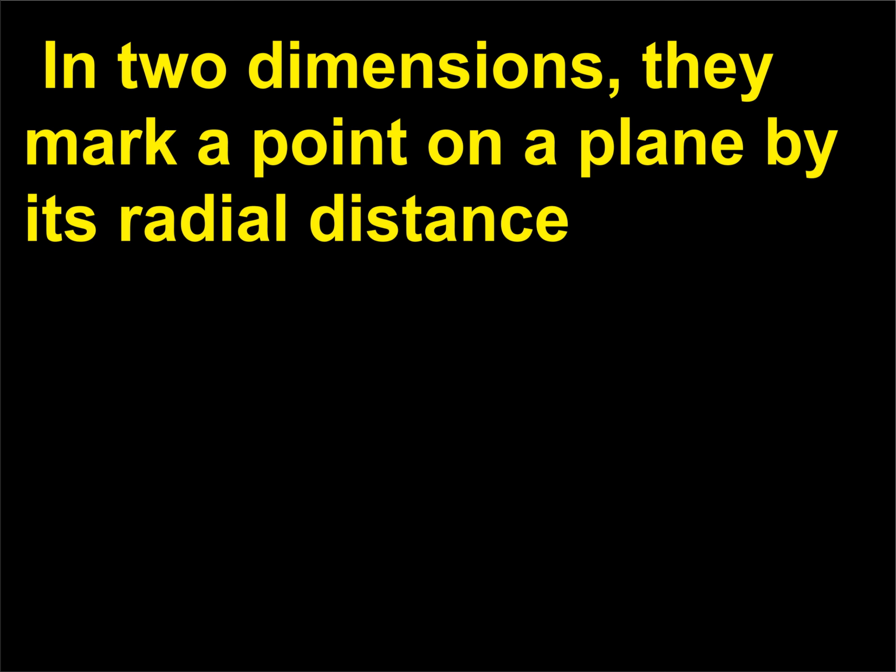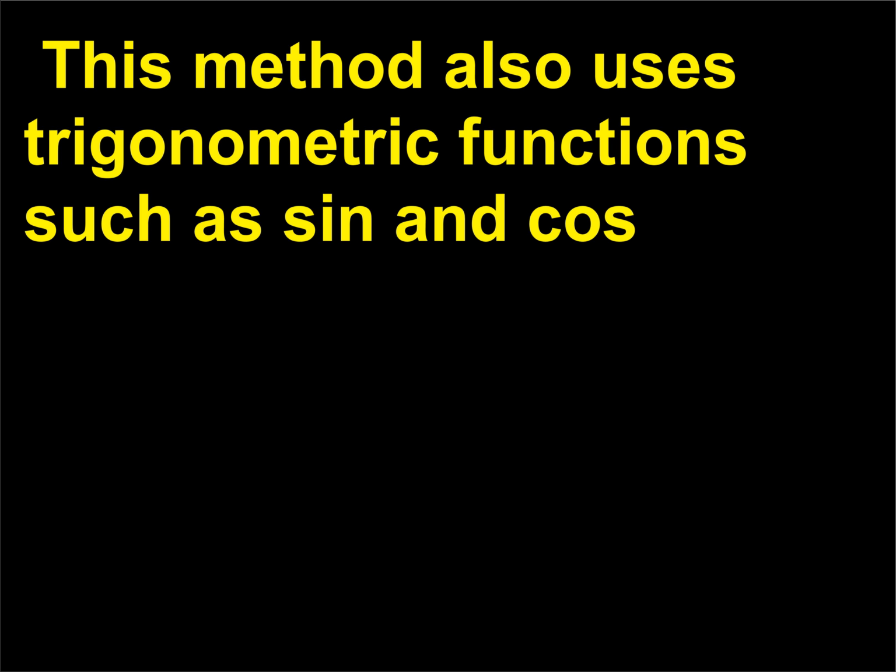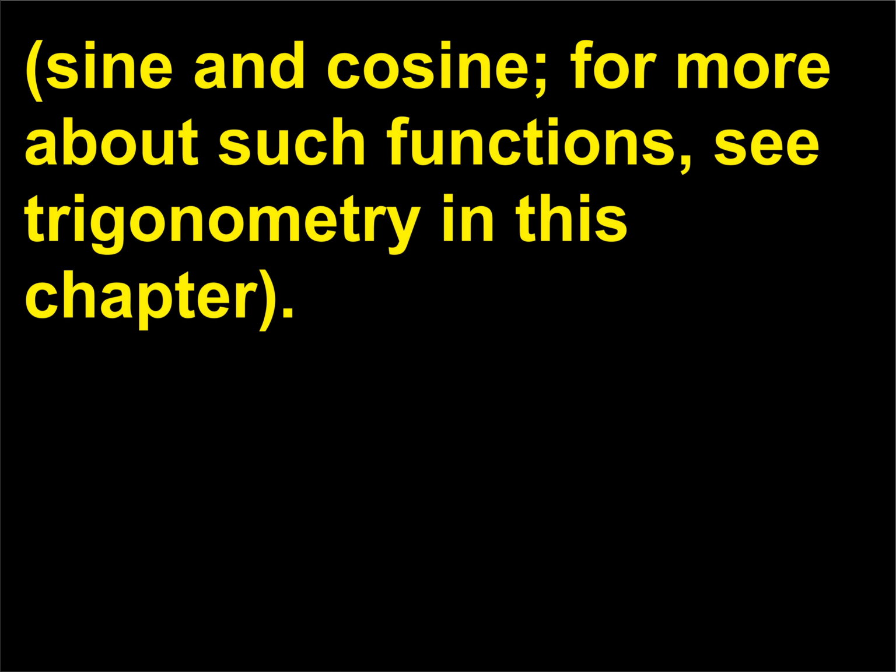In 2 dimensions, they mark a point on a plane by its radial distance r, from an origin and a polar angle, θ. This method also uses trigonometric functions such as sin and cos, sine and cosine. For more about such functions, see trigonometry in this chapter.